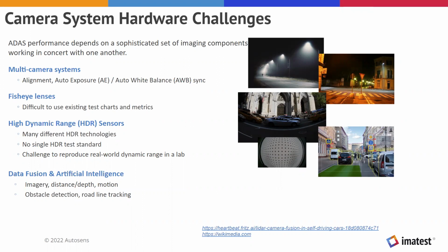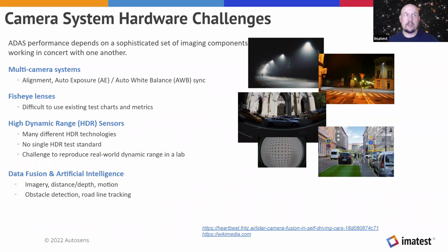That's a lot of challenges with very high HDR, high dynamic range sensors, because of the many different environments. And then as far as dealing with the camera data, it all goes into artificial intelligence.